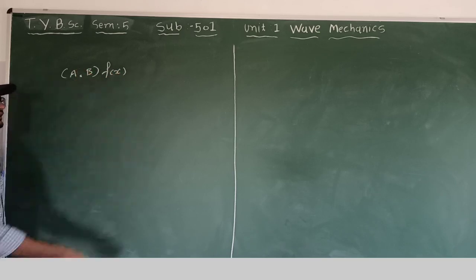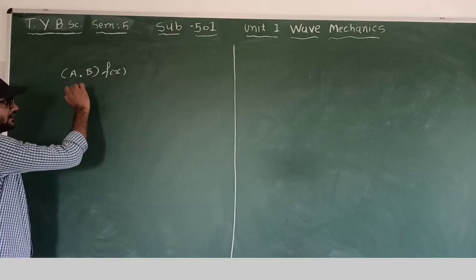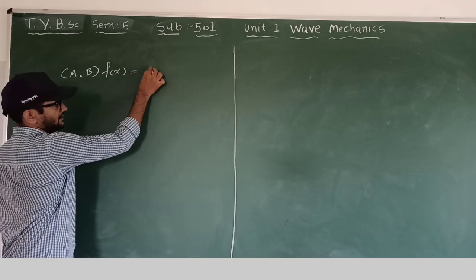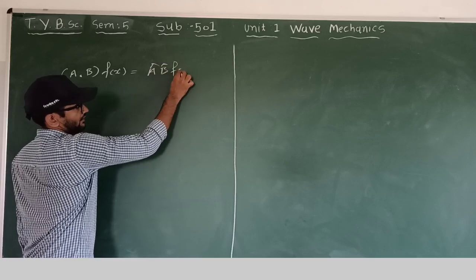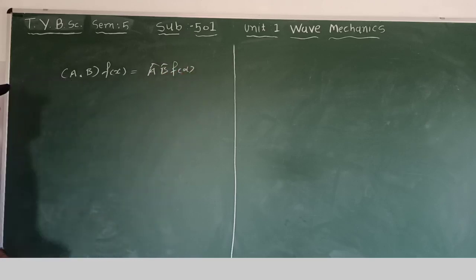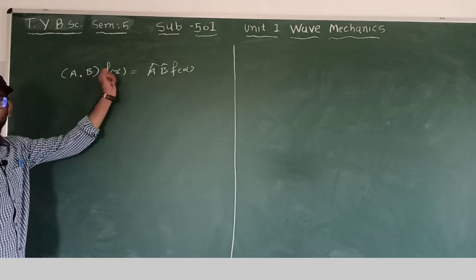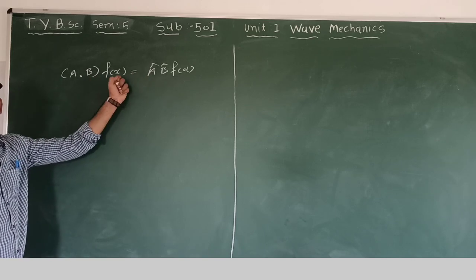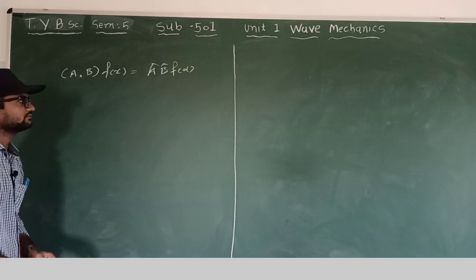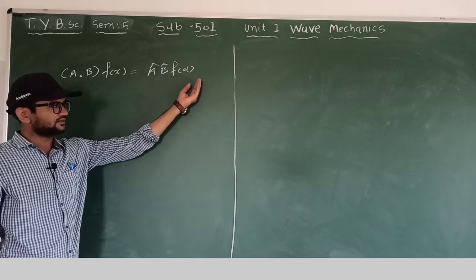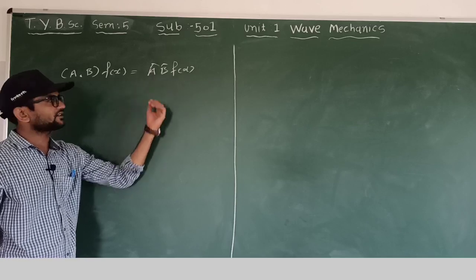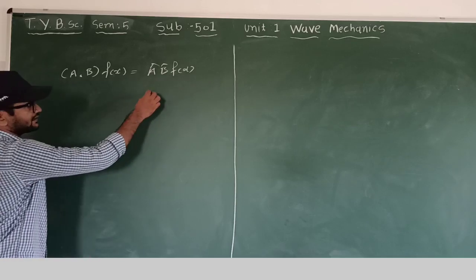Both operators in multiplication with f(x) is simply A cap B cap f(x). So it indicates simple multiplication operator, and the sequence of operation should always be from right to left.